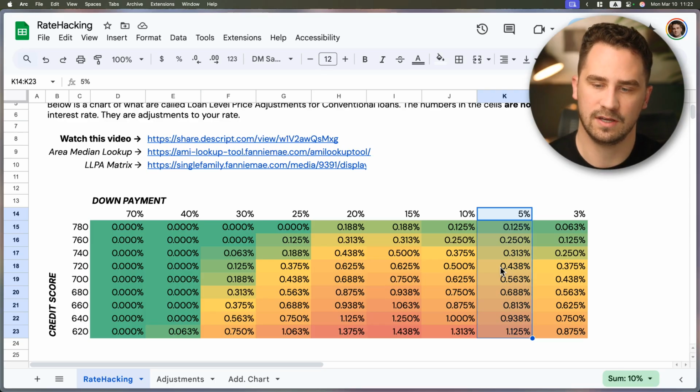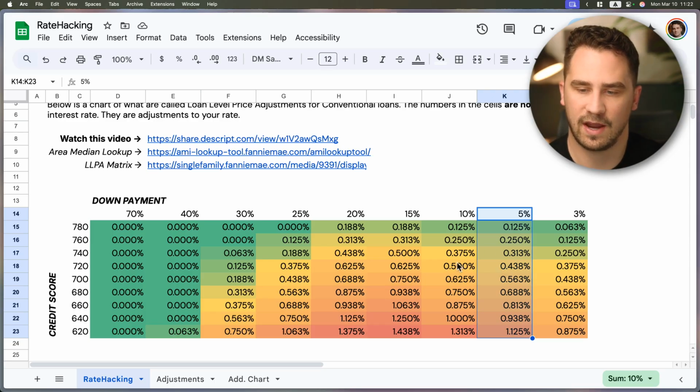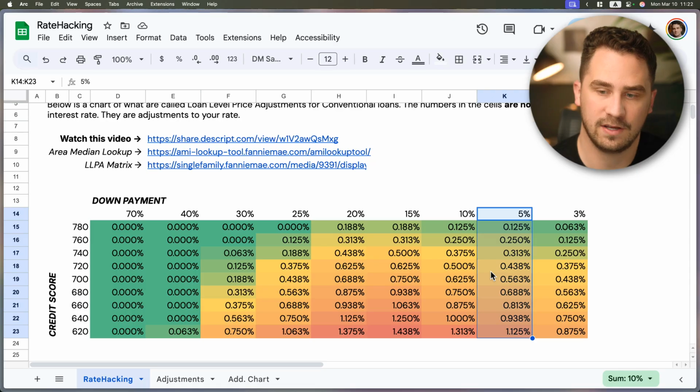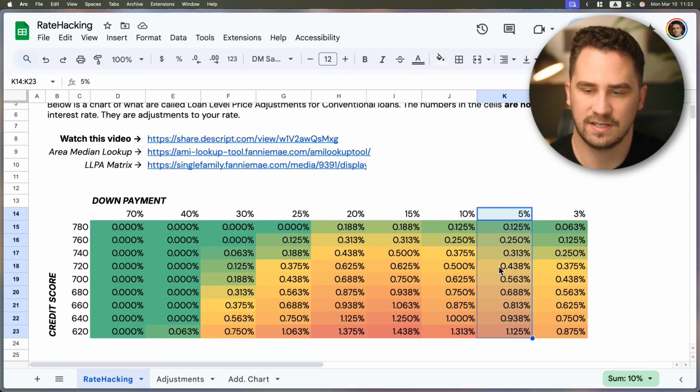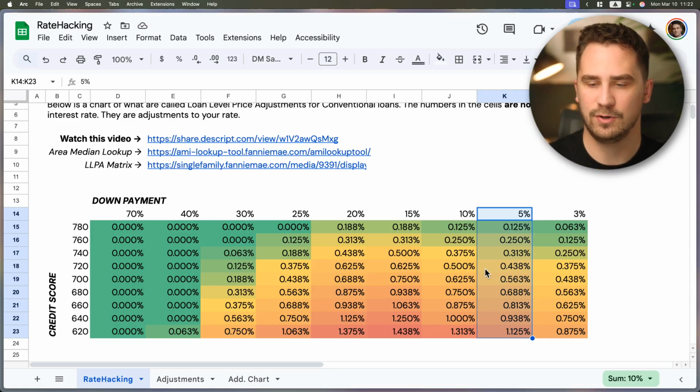What we want to do then is take a look at the numbers around and see how we could get a lighter shade of green, for instance. If you're doing 5% down, you can see if you went from 720 to 740, you're going to get a lower interest rate. What these numbers mean here, just as an example, imagine there's a number in front of it, 6 or 7.